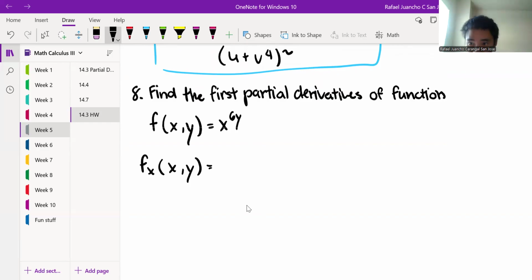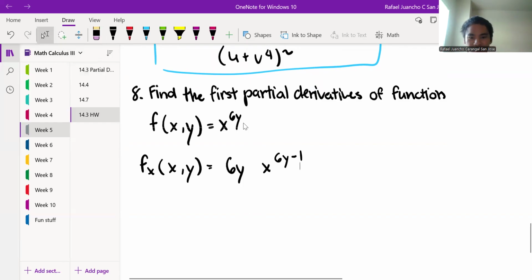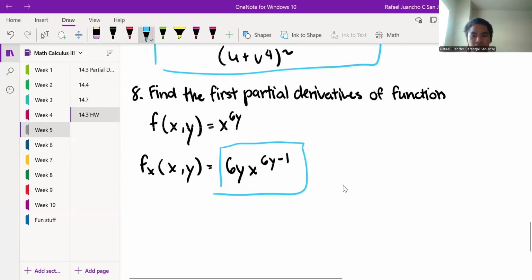So what happens if we make y a constant number? I bring this down, so I get 6y times x to the power of 6y minus 1. Okay, why did I do a minus there? There, that's my answer. Because here we treat it like a number. Then I subtract 1 from that whole expression, 6y.